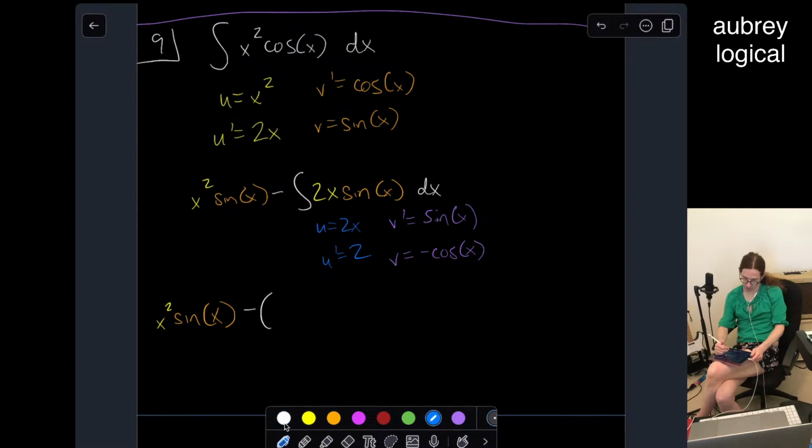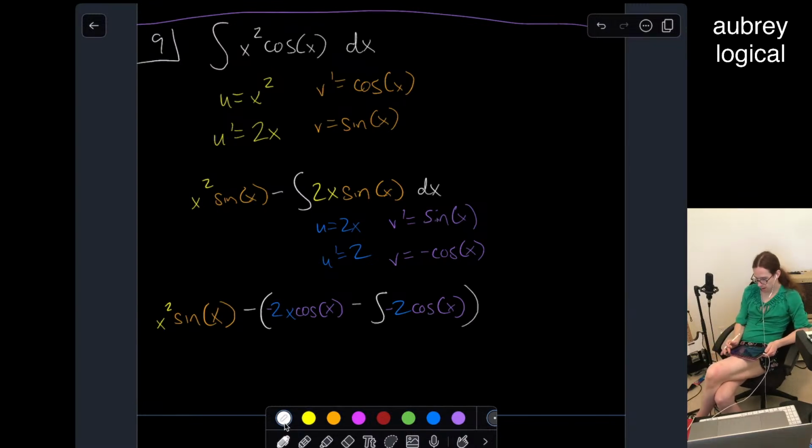Oh, just kidding. Alright, let's do 2x times negative cosine of x minus the integral of 2, that's good, times negative cosine of x. Okay. I love these beats.